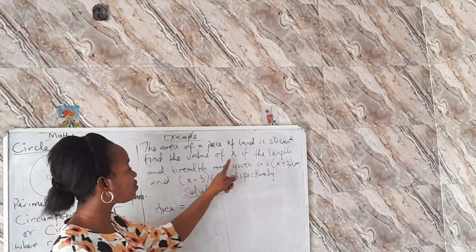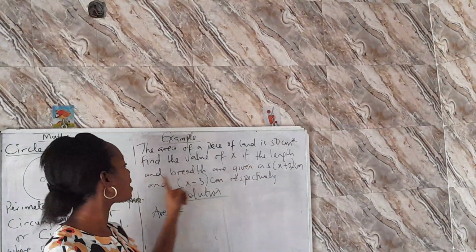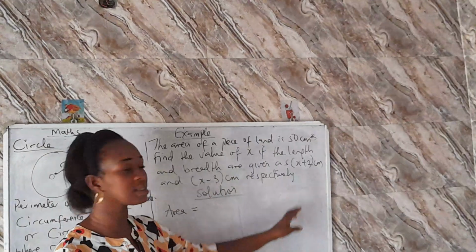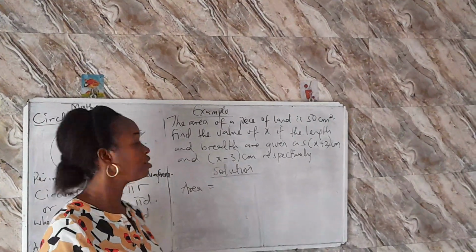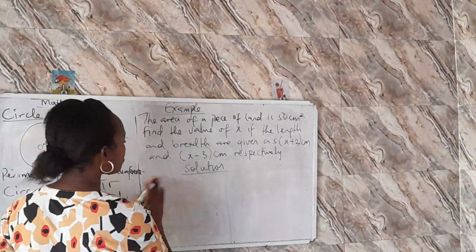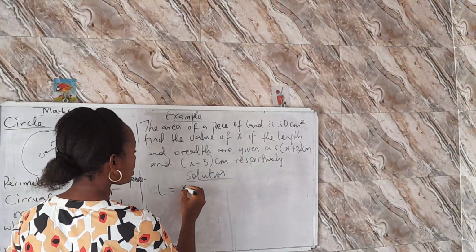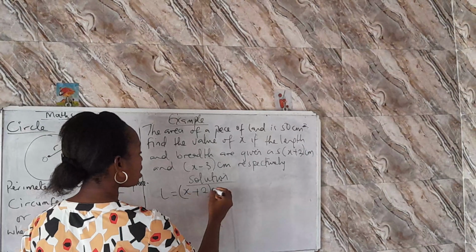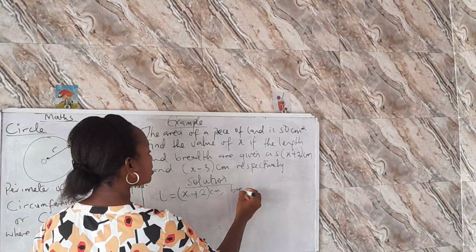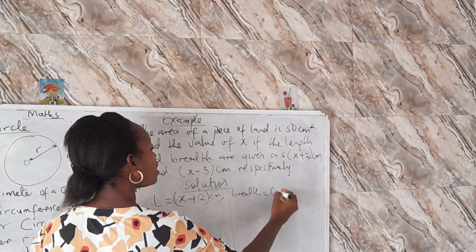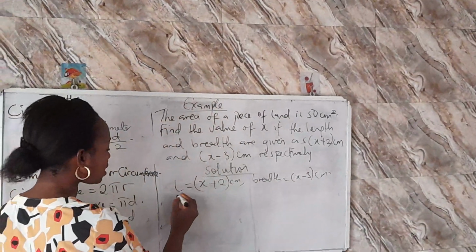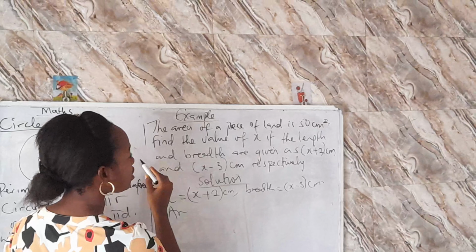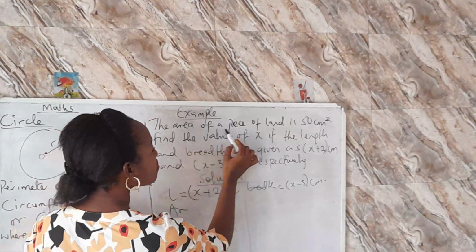Find the value of x if the length and breadth are given as x plus 2 cm and x minus 3 cm respectively.